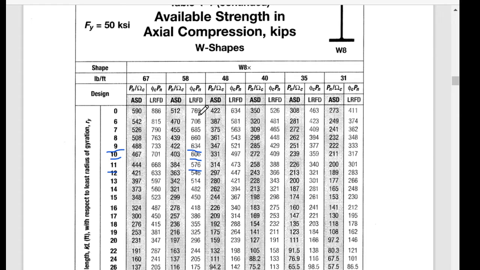So the design strength is 606 at 10, and we set x, then 576 at 11. By interpolation, x minus 606 over 576 minus 606 is equal to 10.34 minus 10 over 11 minus 10.